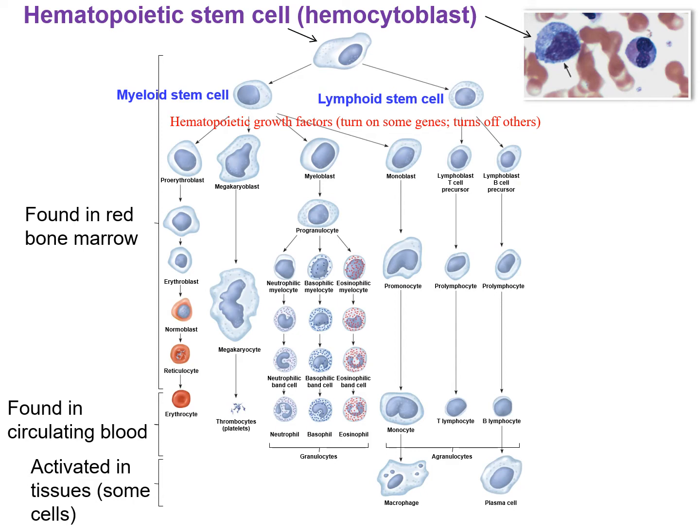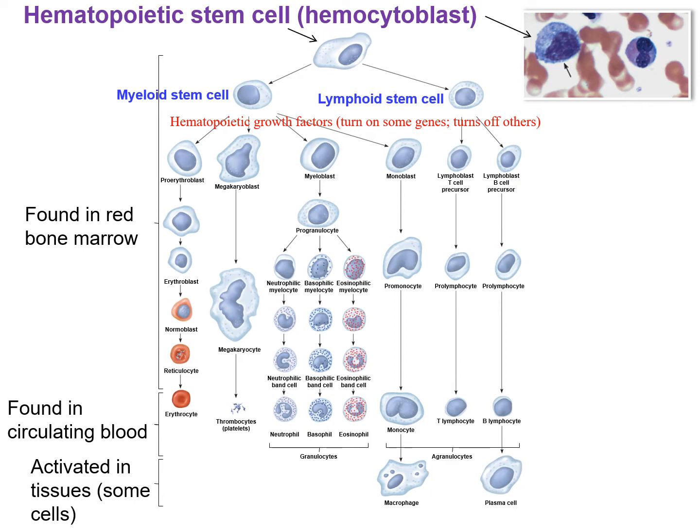And then finally, the last type of white cell that the myeloid stem cell could in turn differentiate into is something called a monocyte. And if that monocyte leaves the bloodstream, which it sometimes can do in the case of an infection perhaps, we then refer to it as a macrophage.